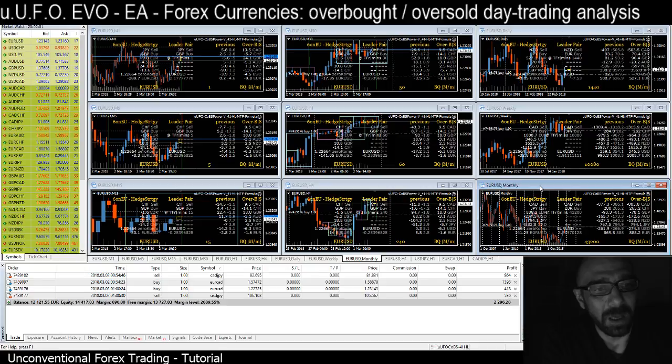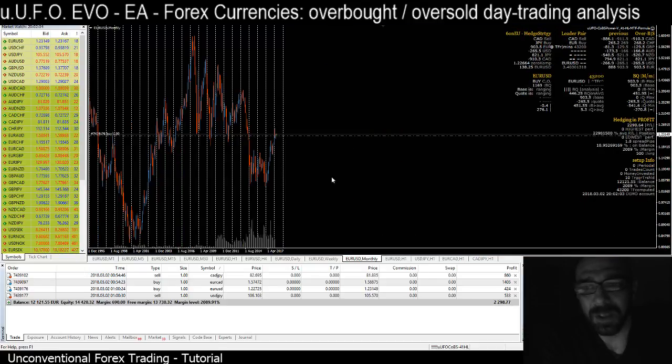Okay, let's magnify for a while the situation of the monthly scenario. This is one of the rare cases in which I trade euro dollar, but euro and dollar were the two currencies suggested at the very beginning of the day, strong and weak, to project with two other currencies and to hedge.